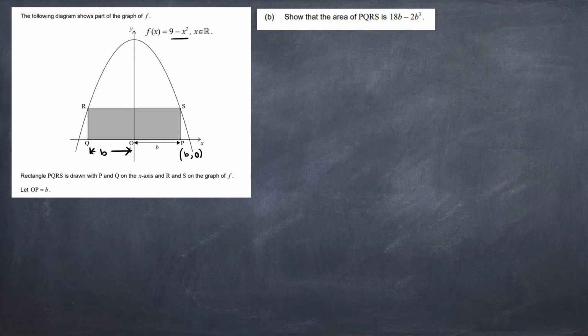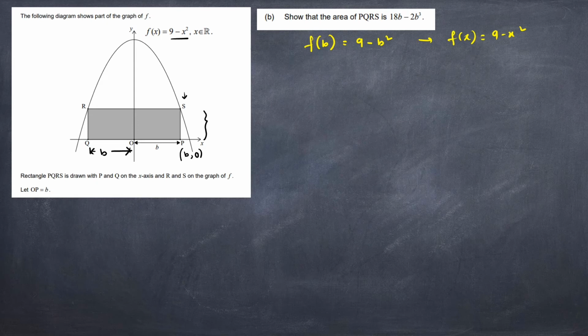If we find the coordinate of S, then we can find the value of this particular distance. To do that, we can calculate f of B. If we calculate f of B, we will get the coordinates of S. As the function was f of x equals 9 minus x squared, f of B will be 9 minus B square.